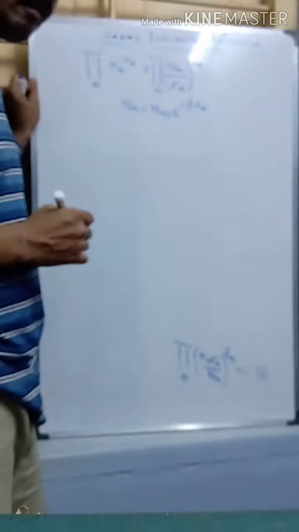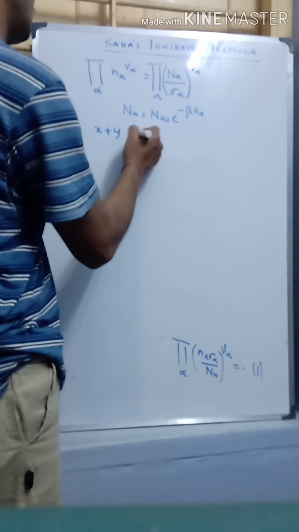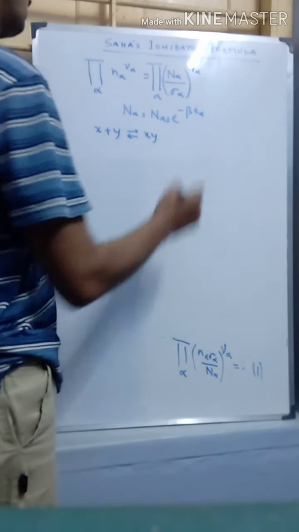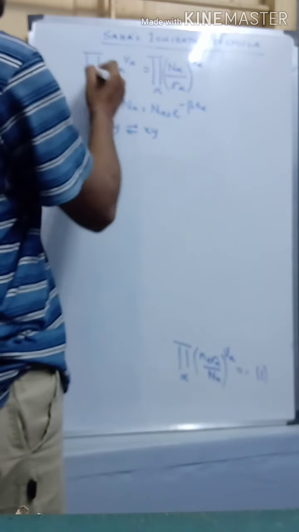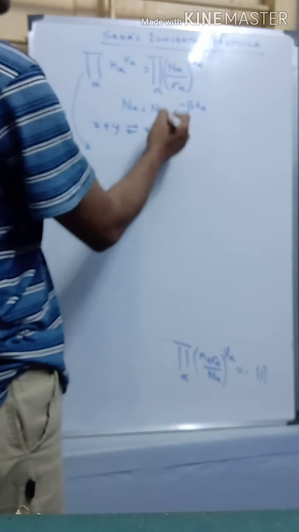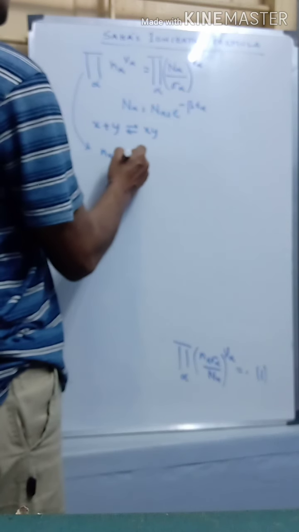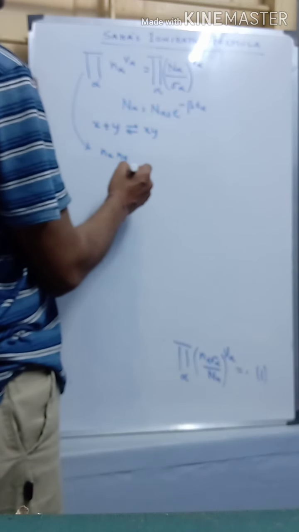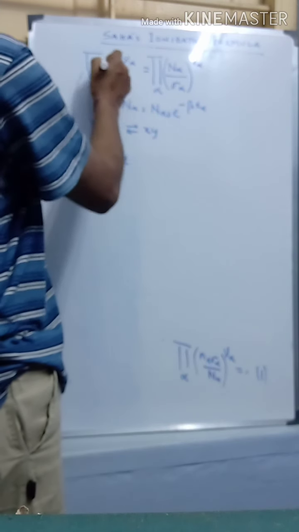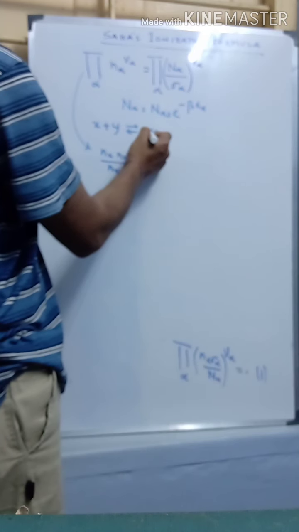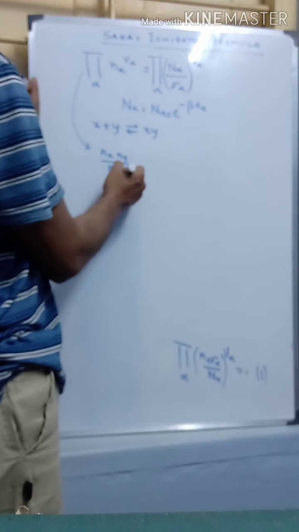So now if we have a chemical reaction like this, x plus y is equal to xy, then from the above equation we can write for this chemical reaction in equilibrium nx ny divided by nxy, because product would be negative, so division, logarithmic division is nothing but 1 by nxy.